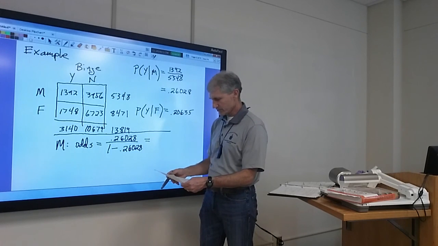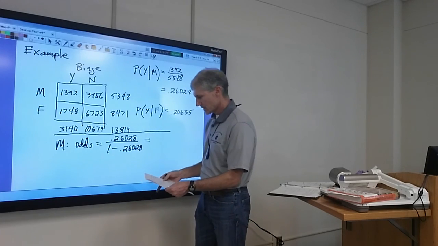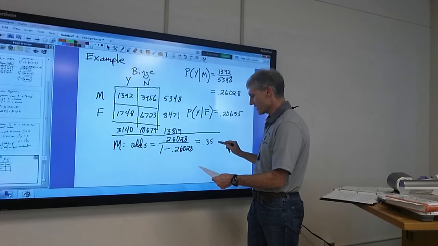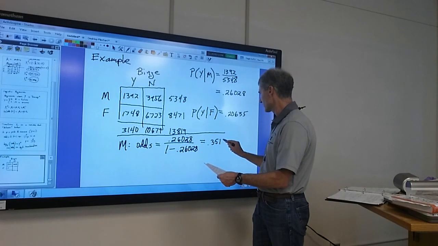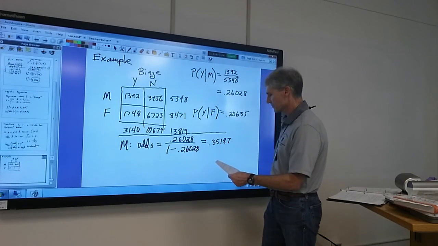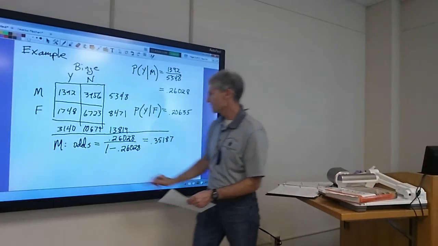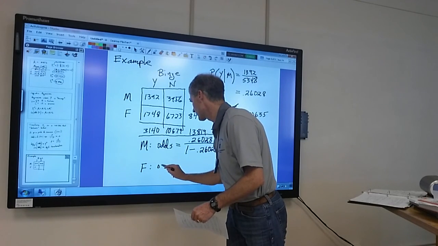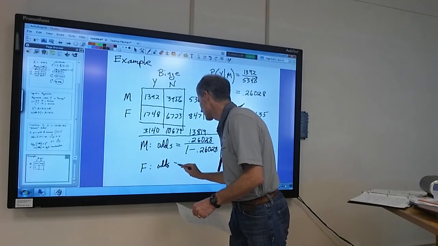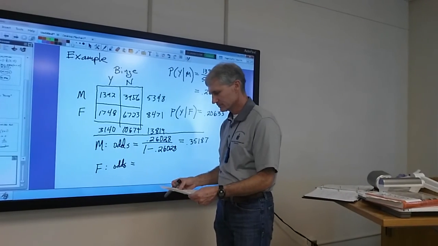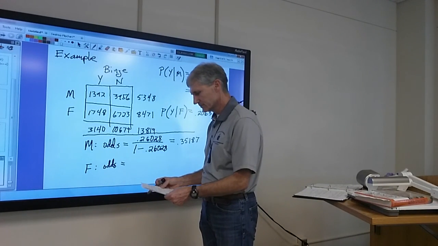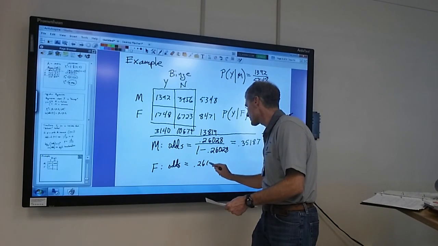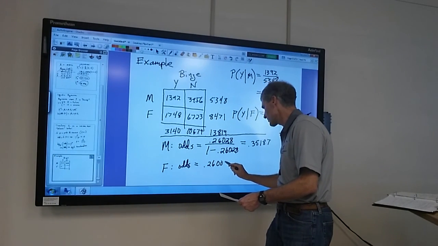And that equals 0.35187. And then, again, without writing out everything for females, get the odds for females. I have 0.26000, which seems unusual.